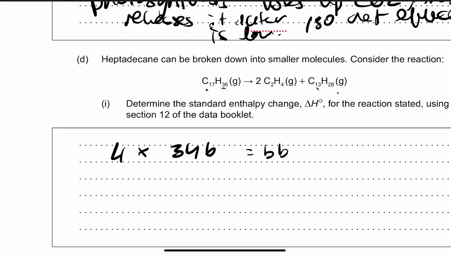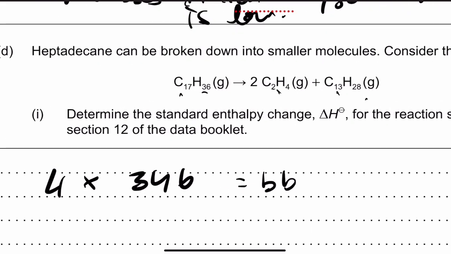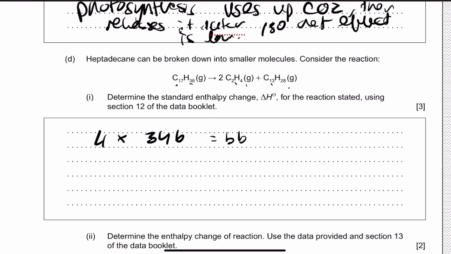And then for our bonds formed, we have this C double bond C. It's forming 2 times C double bond C, which is 2 times 614, equals bonds formed. And if you're wondering about anything else, remember the rest of the bonds already existed in the original molecule, so we don't need to account for them.